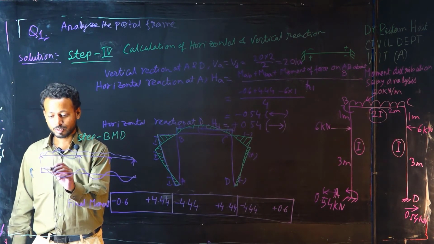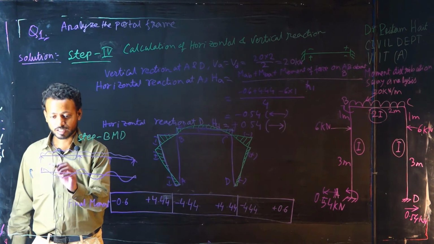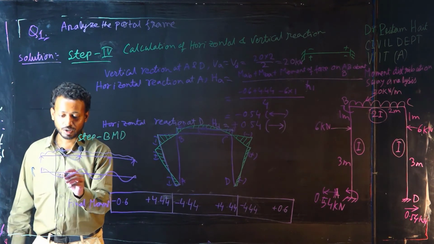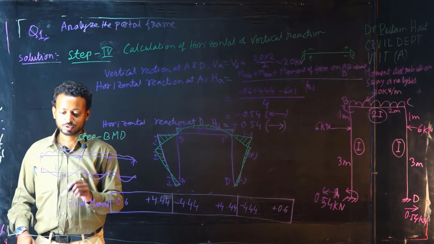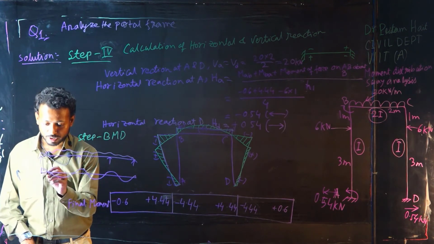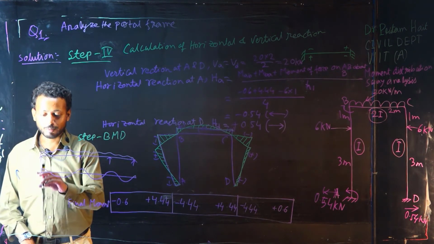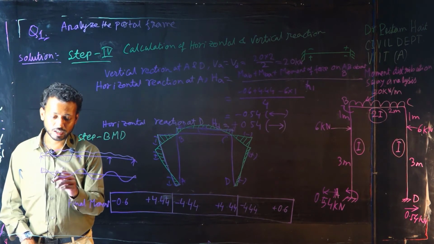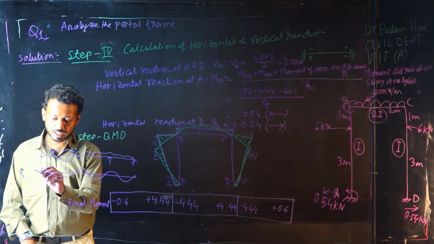So due to support, the negative bending moment will generate, and due to the UDL, positive bending moment will generate. So here it is support, so it will try to push in upward direction, and due to UDL it will go down. So this is the deflected pattern.